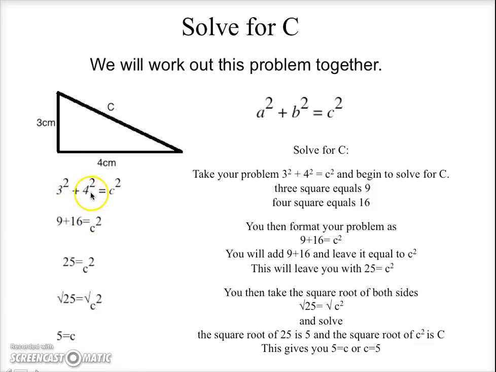So 3 squared plus 4 squared equals C squared. 3 squared makes 9, 4 squared makes 16, and C squared, just move it right down. So 25 equals C squared. Don't forget that you always have to also square root it, and by square rooting it, you don't only square one side, you square root both sides of the equation. We end up with 5 equals C.